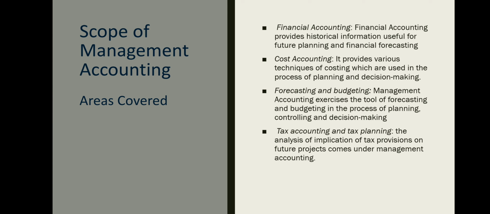Every organization aims to increase its profit by reducing cost as much as possible. So cost accounting includes techniques of costing which help the organization take various important decisions and in the process of planning.